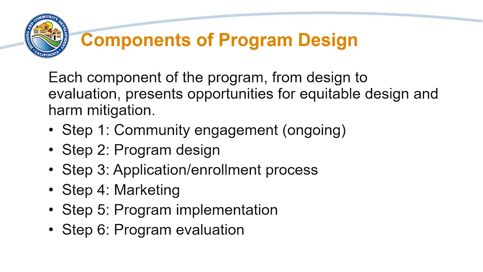The second component is program design. The third component is application and enrollment process. We will also be looking at marketing and the way in which we reach communities. The fifth component is program implementation. And lastly, we will be looking at program evaluation.